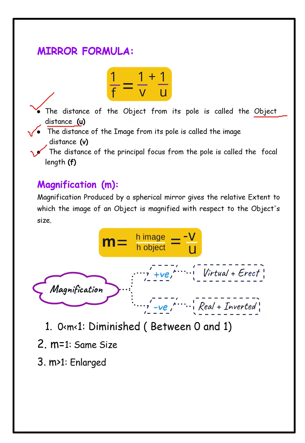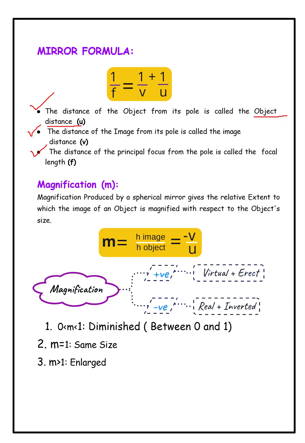The second topic is magnification. Magnification produced by a spherical mirror gives the relative extent to which the image of an object is magnified. The formula here is magnification m equals minus v upon u. If the magnification is positive, that is virtual plus erect, and if it is negative, it is real plus inverted.